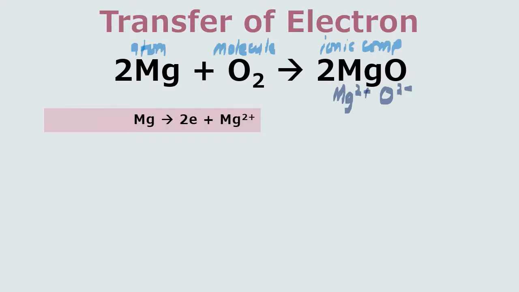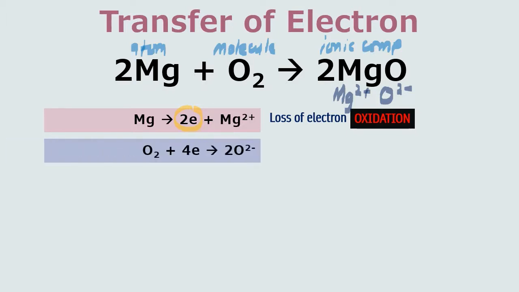Magnesium atom will release electrons in order to form magnesium ion. When magnesium atom releases electrons, it undergoes oxidation reaction, while when oxygen molecules receive electrons, it will produce oxide ion.